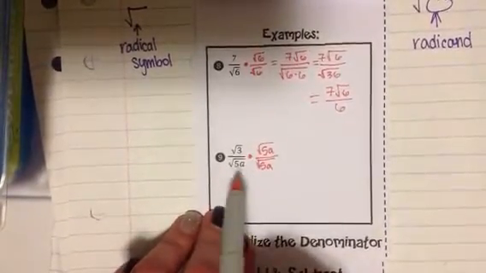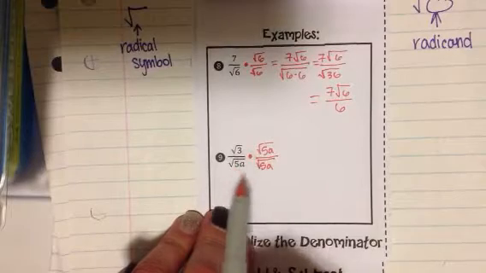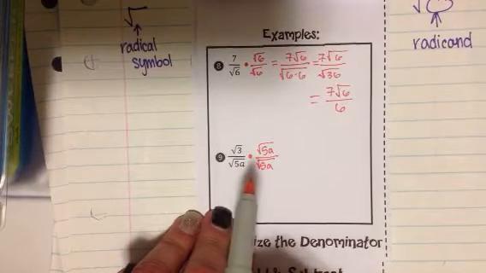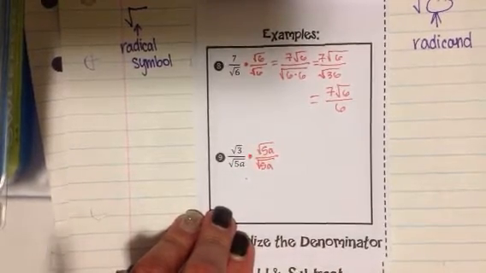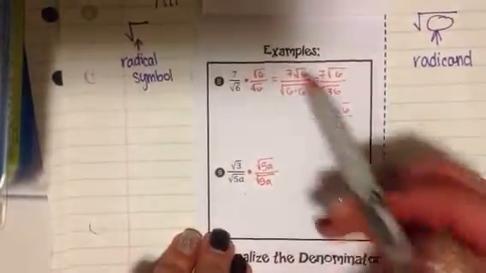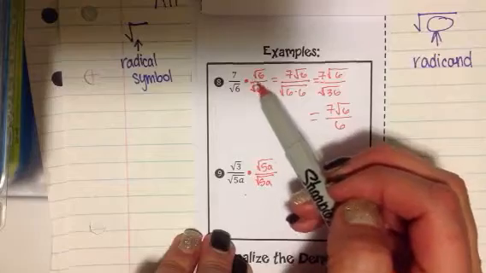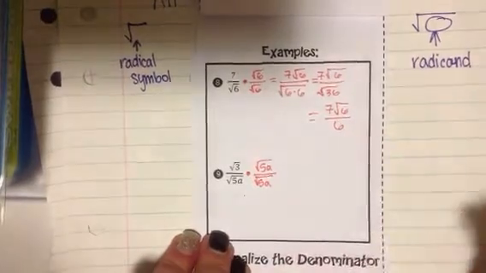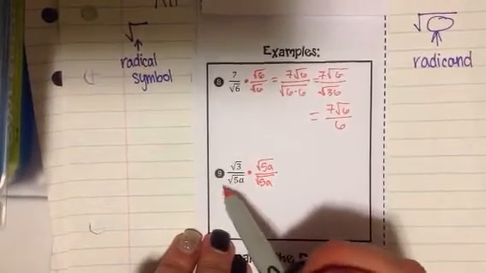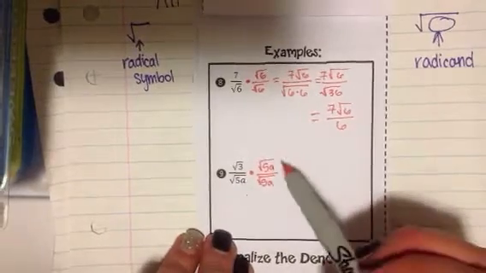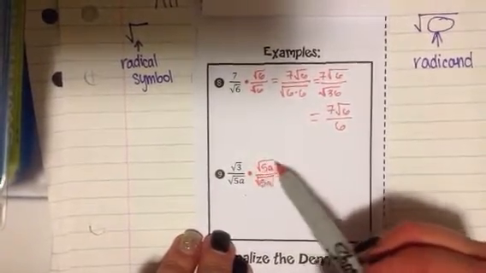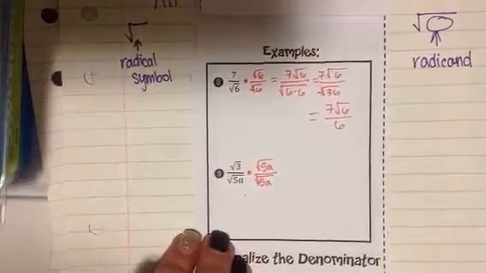So we basically want to multiply by a fraction that's consisting of the square root that's already in the denominator. So on example 8, I took the denominator, which was the square root of 6, and I made a fraction that was square root of 6 over square root of 6. On number 9, the denominator is the square root of 5a, and I'm going to make the fraction square root of 5a over the square root of 5a.